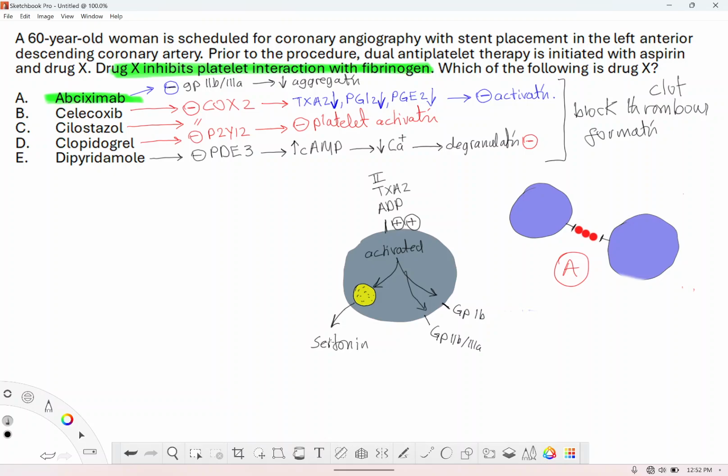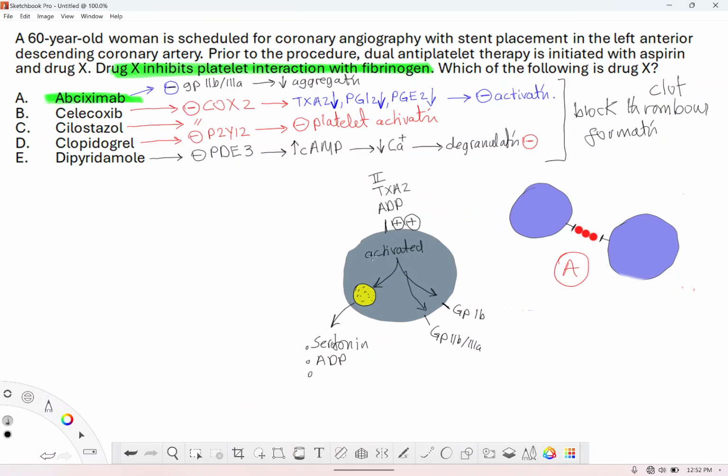I'm missing an O here. And it can produce ADP, release a lot of other stuff. So the next activation of platelet is when this granule bursts, opens, and releases its content in plasma. This is also only possible if the platelet is activated.